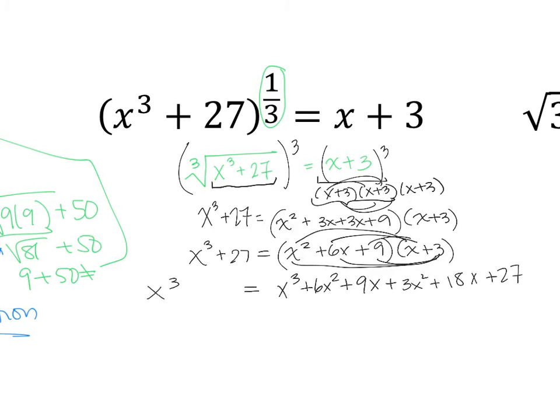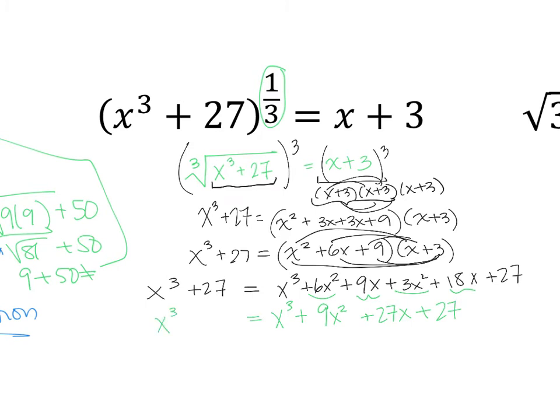And over here we have x cubed plus 27. I could combine some of my like terms here. Let's see, what do I have? 6x squared can go with 3x squared, so I'm going to have x to the third plus 9x squared, 9x and 18x is 27x plus 27.